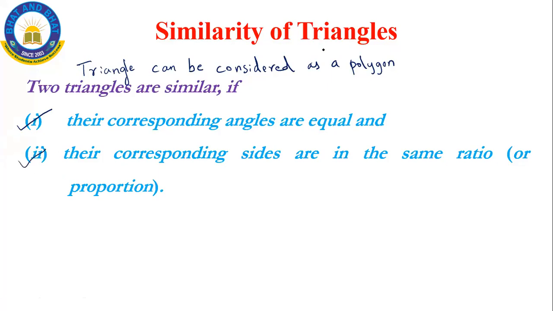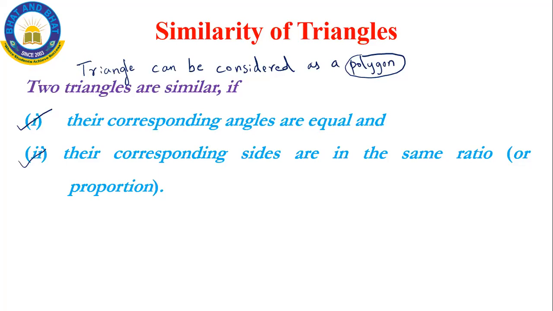Yesterday we talked about polygons in general. I had drawn diagrams of a rhombus and a square in the previous session, and we compared the angles and the lengths of the sides. But henceforward, we will be referring to triangles in particular. So triangle can be considered as a polygon. That means triangle can become the subset of polygon.